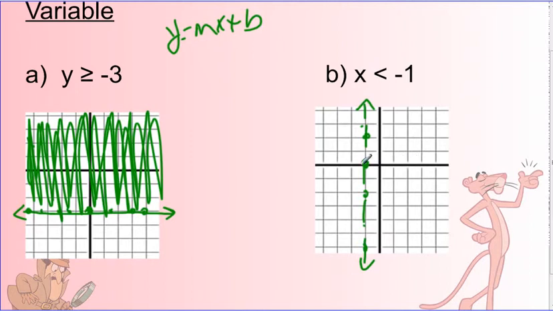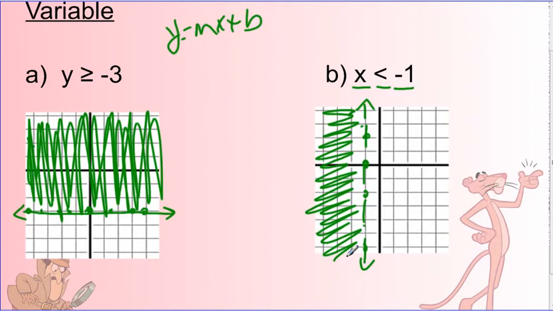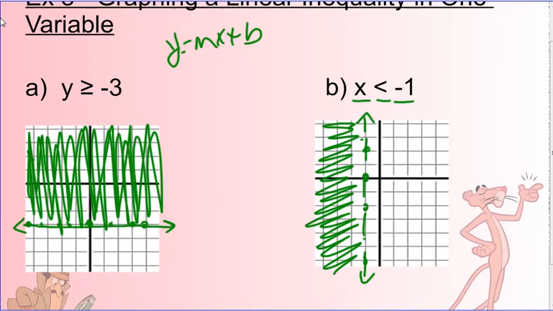Positive 2 is bigger than negative 1. Well, let's look at the inequality. We want values less than negative 1. Well, they'd have to be this way. These values are less than negative 1. So, pretty self-explanatory when you sit and think about it. Probably seems mysterious at first, but then you go, oh, it makes sense.